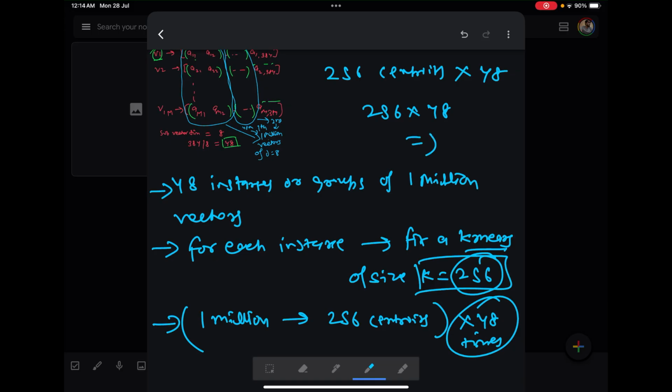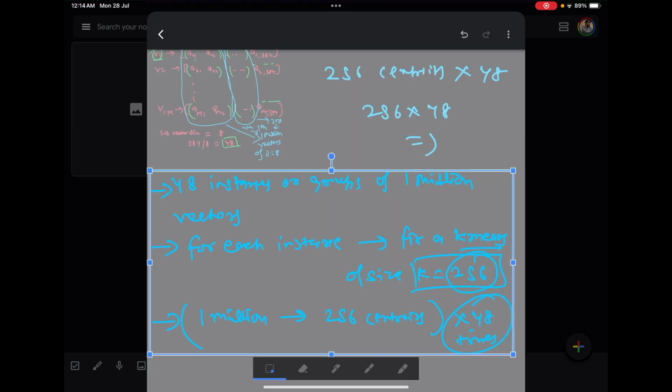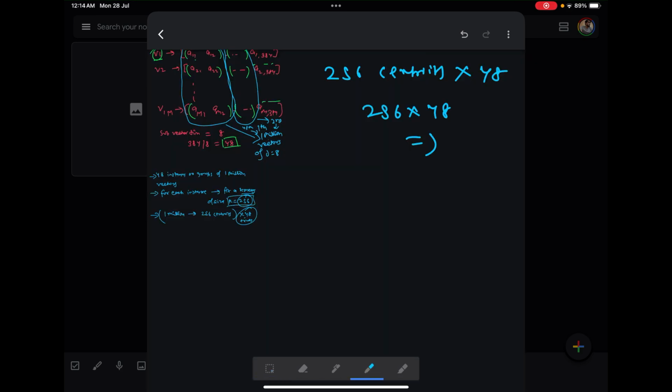Which means now I can rewrite my vector 1. For example, the first vector with 8 dimensions can be written as the index of the centroid. Let's say the centroid index is 3, and the second entry can be written similarly as maybe 49.